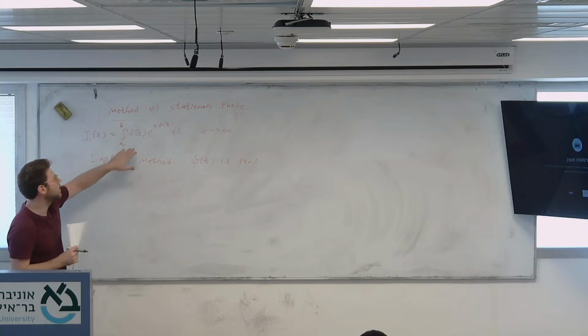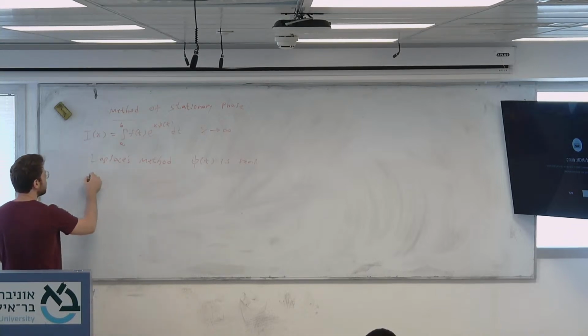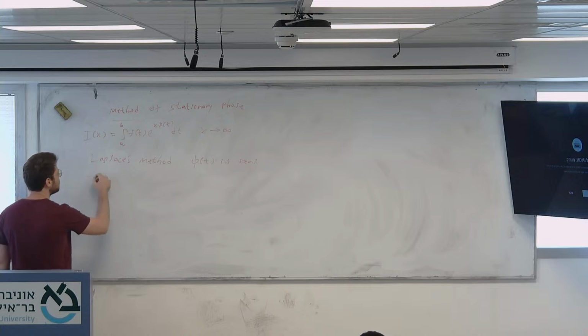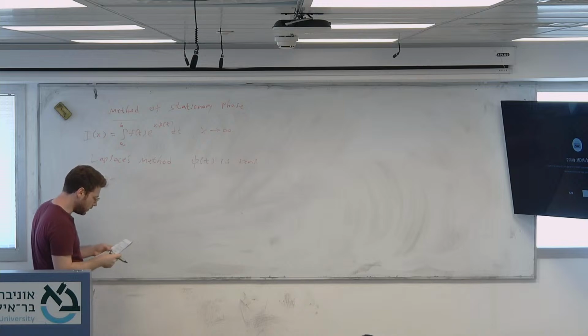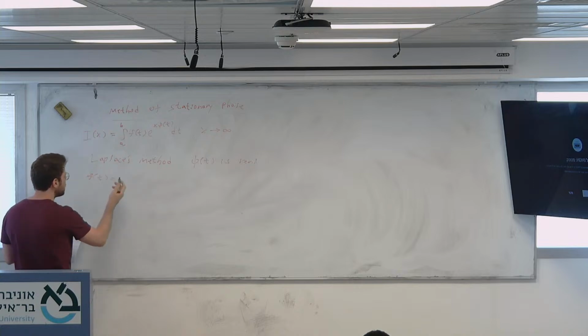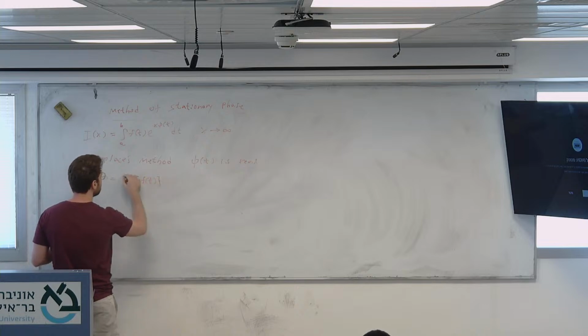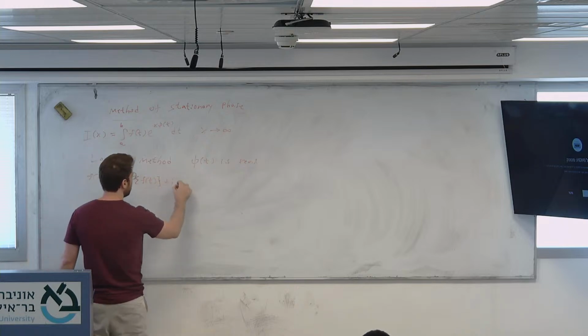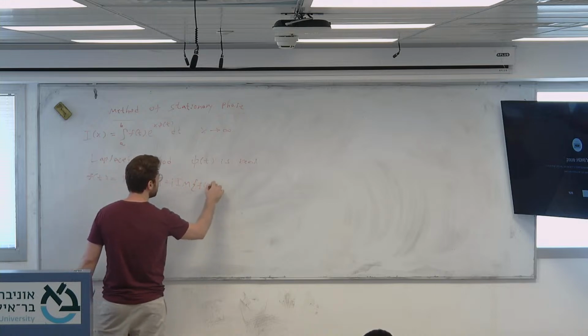So first, let's consider that f is not necessarily real. This is very trivial. You can just say that f of t is real of f of t plus i imaginary of f of t.